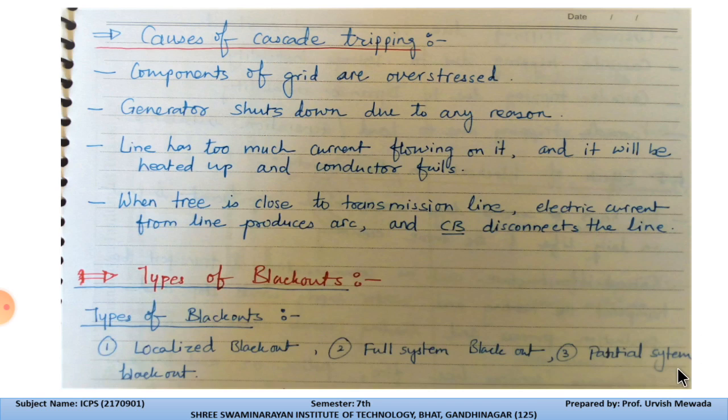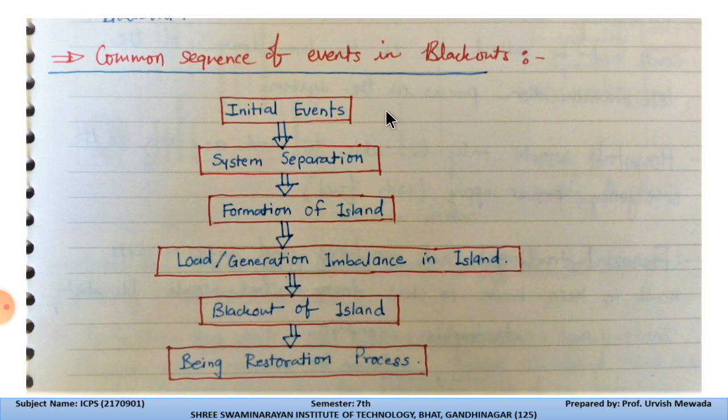Now, before we study cascade tripping, these are the sequence of a blackout. First of all, the initial event means it is the starting stage of the blackout.